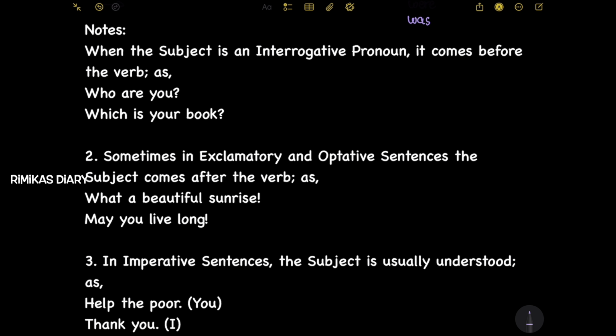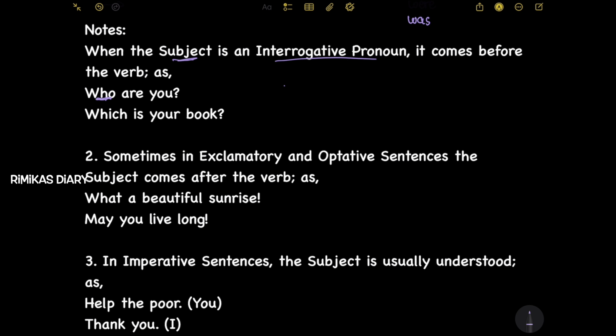Note: when the subject is an interrogative pronoun, it comes before the verb. So when the subject is an interrogative pronoun, then it comes before the verb. So here the interrogative pronoun is who.